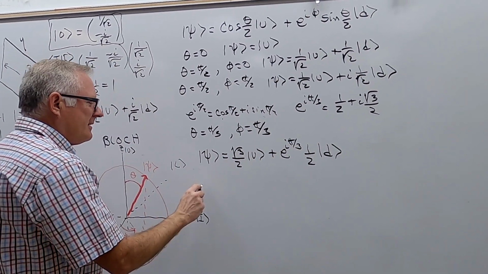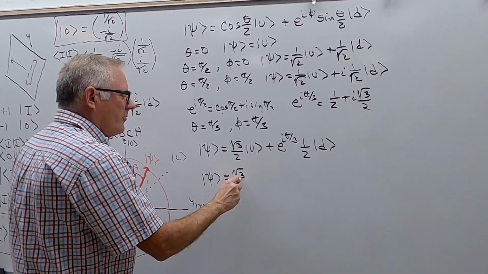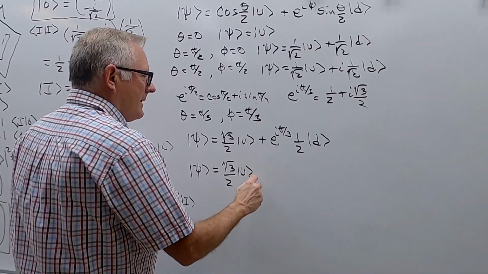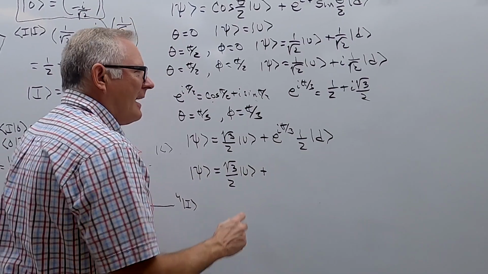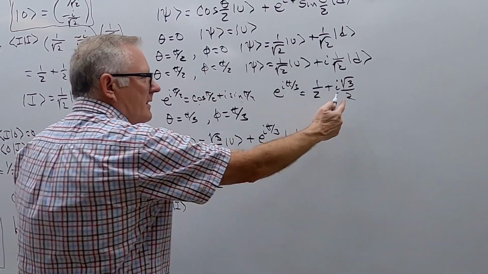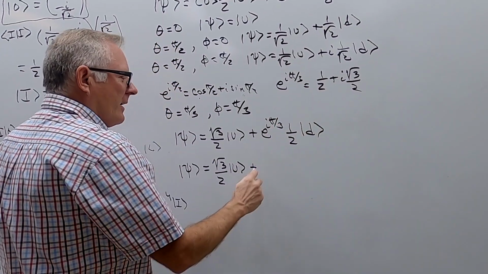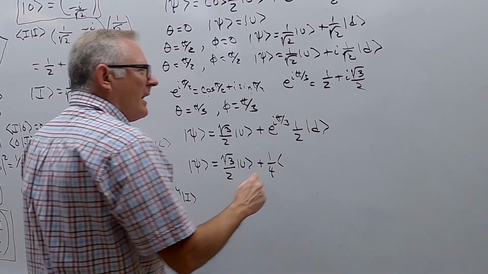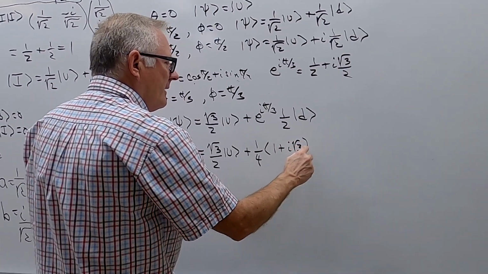So that means psi is equal to the square root of 3 over 2 up plus 1/2 plus i. Let me pull the 2 and the 2 out, so I got a 4. 1 plus i square root of 3, 1 plus i square root of 3 in the down.